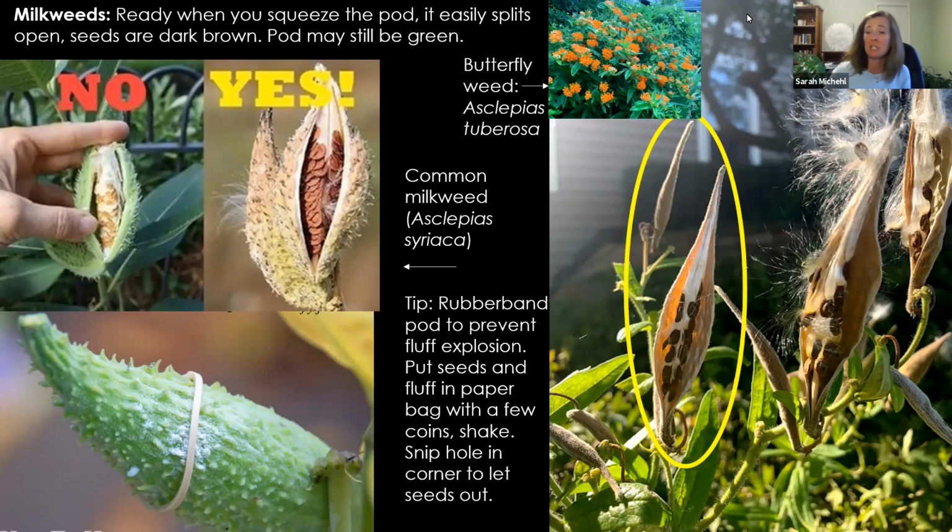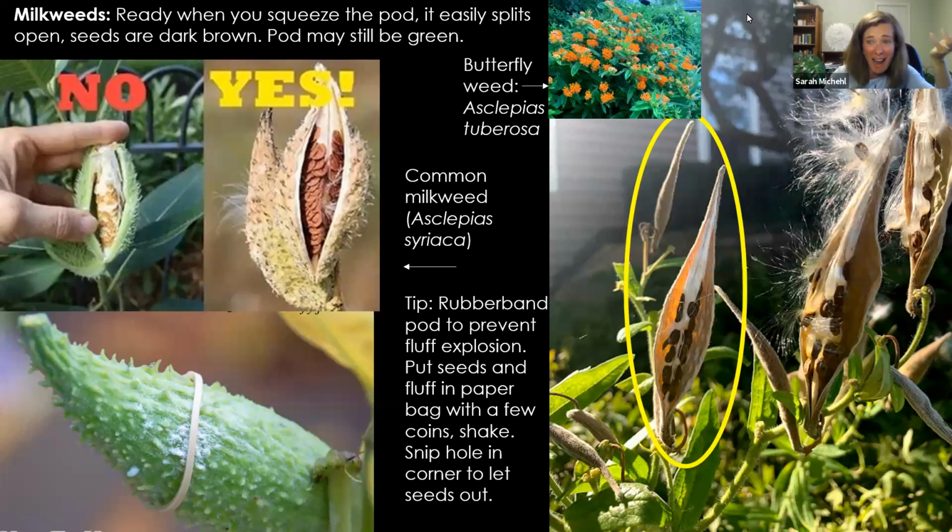And when you're ready to separate the seeds out, what you can do is put a couple of coins in the bag with the fluff and the seeds, shake it around, and clip a little bottom corner of your paper bag. Those brown seeds are going to be dislodged by the coins, and they're going to fall out of that little hole.